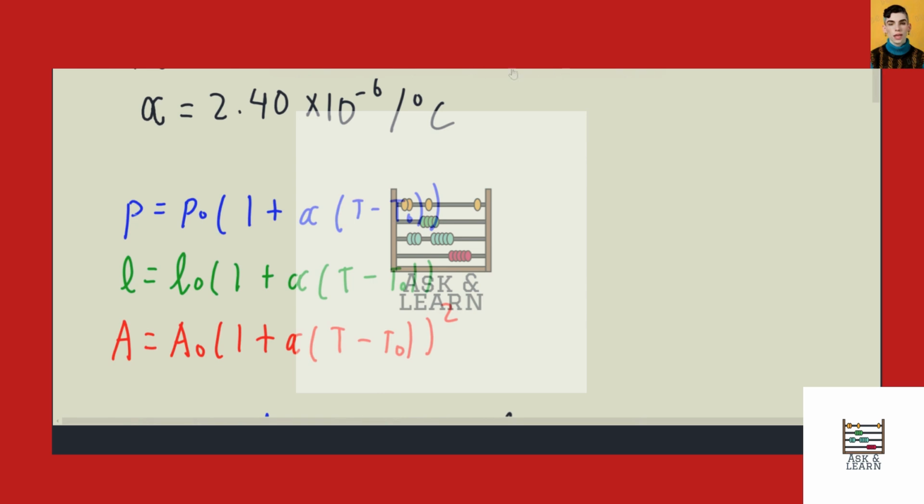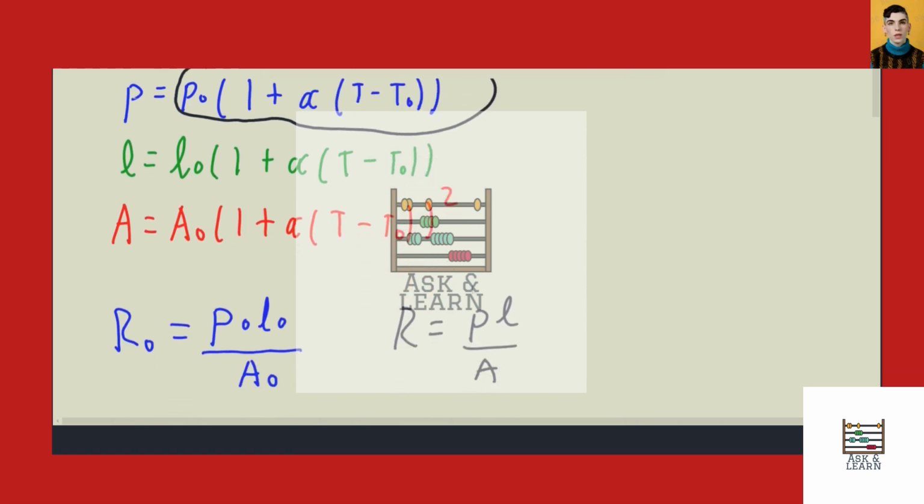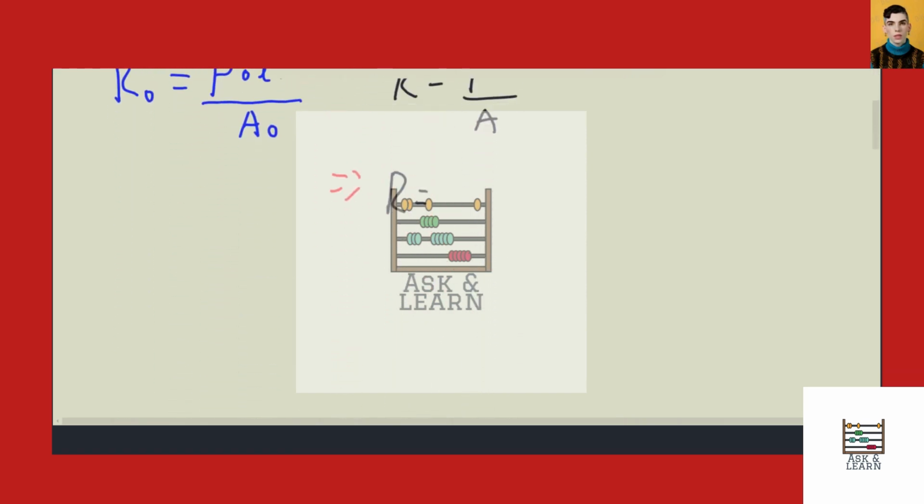So we see that this expression here is equal to rho. So we're going to plug in that value here for rho. So now this is going to be equal to rho naught times 1 plus alpha times T minus T naught.